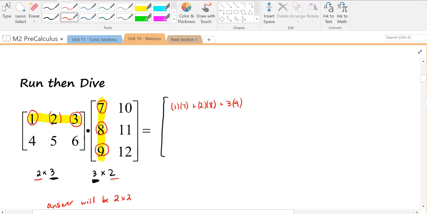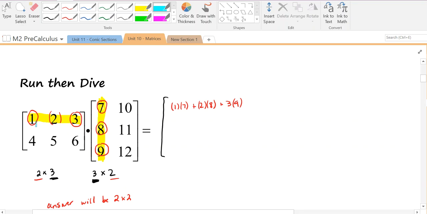And because I ran in the first row in the first one and the first column in the second matrix, that's going in the first row, first column of my answer.